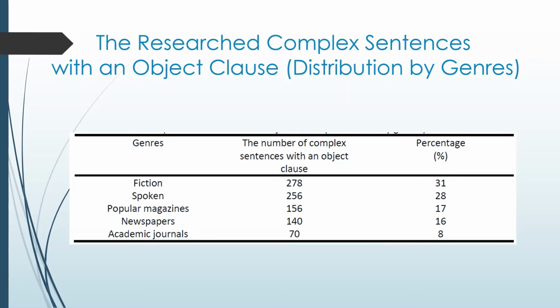The English complex sentences with an object clause occurred more frequently and almost equally in the fiction and spoken texts rather than in popular magazines, newspaper, and academic journals, as we can observe in this table.